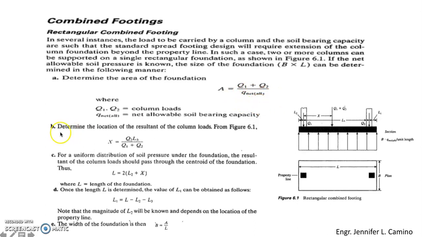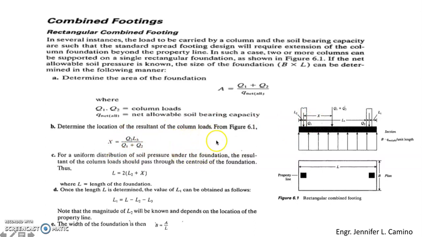And we have to determine the location of the resultant of the columns. Basically in this chapter, we are on the review of what we learned in our statics and strength of materials. So we are going to identify the resultant of the column loads.